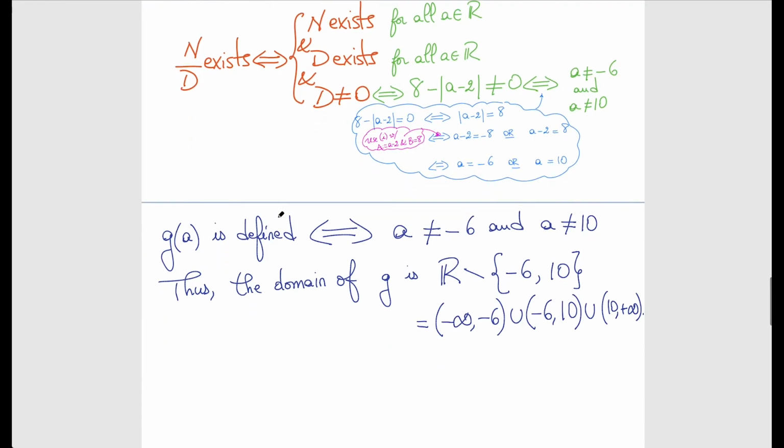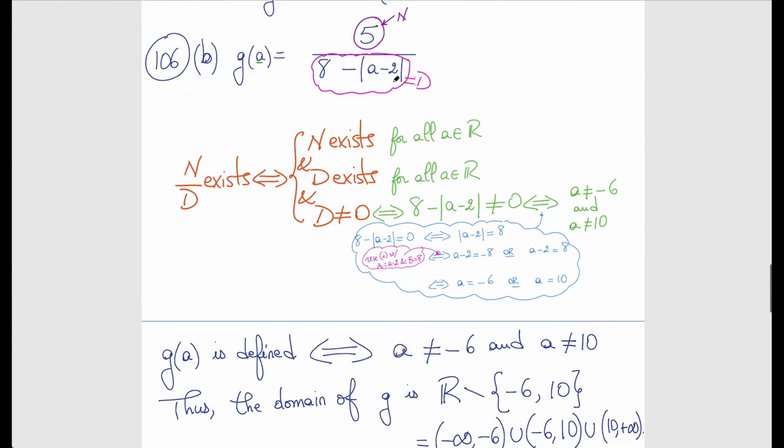I'm gonna call this one B prime, and let's go for h of a equal to 5 divided by the square root of 8 minus the absolute value of a minus 2. So very close to g, but downstairs now has an umbrella.